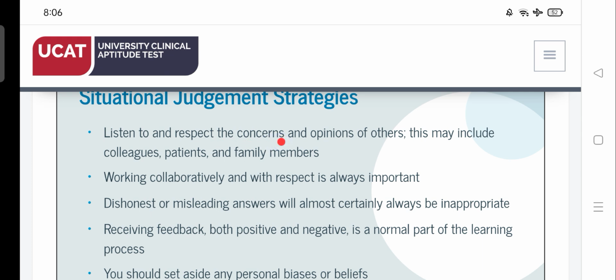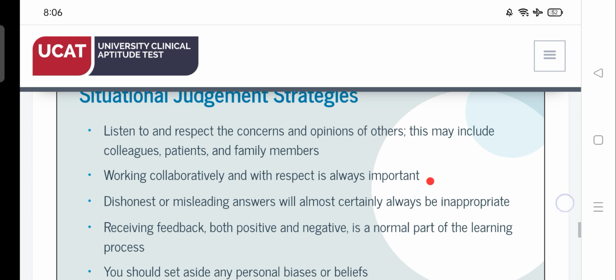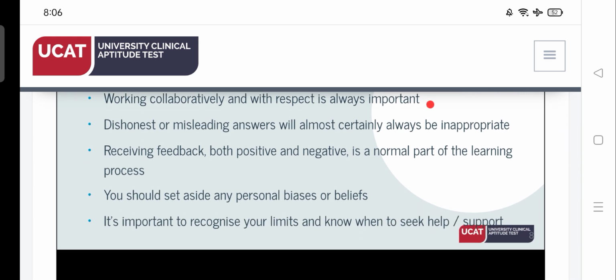Listen to and respect the concerns and opinions of others. This may include colleagues, patients, and family members. Working collaboratively and with respect is always important.